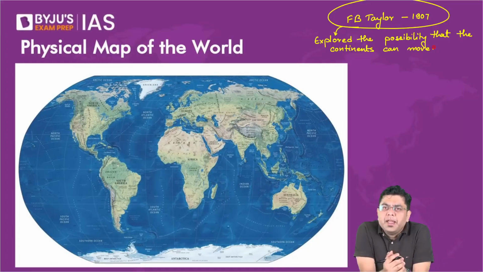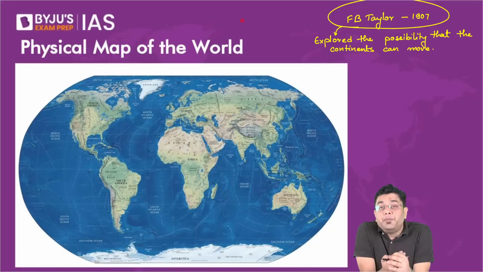But then he did not develop this theory, because when you provide a theory, you need to be able to provide a certain amount of reasoning for it as well. You need to make certain assumptions. You need to be able to prove that theory. If you are saying that the continents are moving, why should I believe that? Show us the proof.